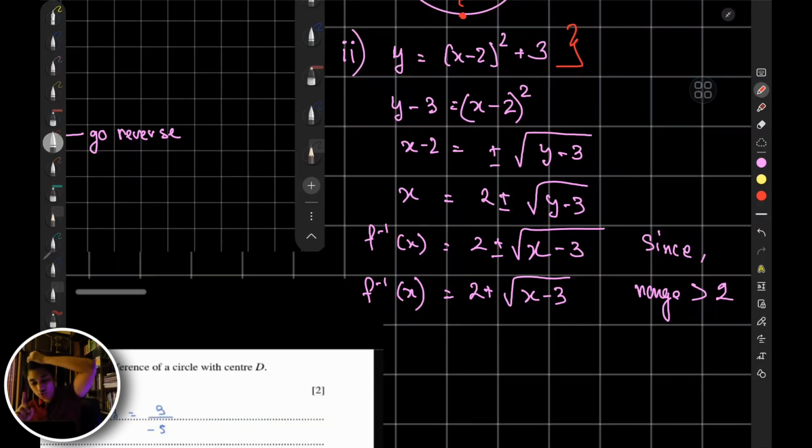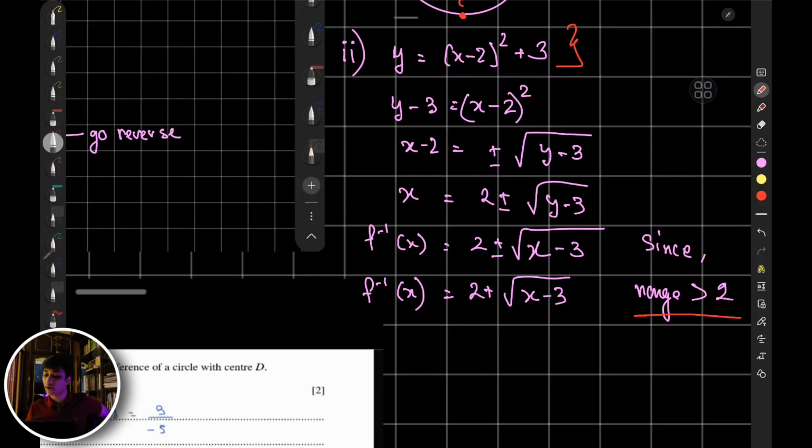So if you know that, you cannot have the minus sign over here. Why? Because 2 minus any value is going to give you an ultimate y value that is less than 2. So you cannot have a minus sign. What you can have though is 2 plus root over x minus 3. Why? Because this is going to give you a range that is greater than 2.